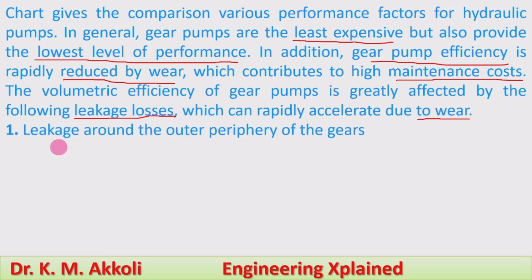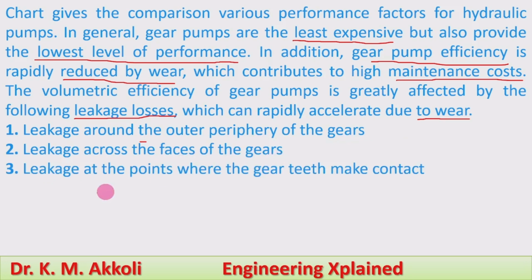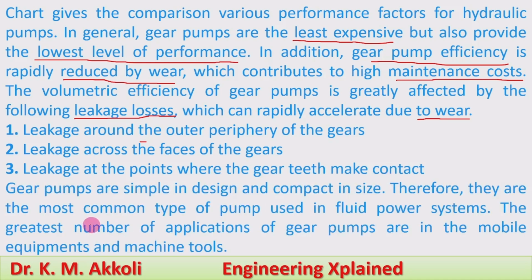These leakage losses are due to leakage around the outer periphery of the gears, leakage across the faces of the gears, and leakage at points where the gear teeth make contact. These are the causes of the volumetric efficiency loss. Gear pumps are simple in design and compact in size.